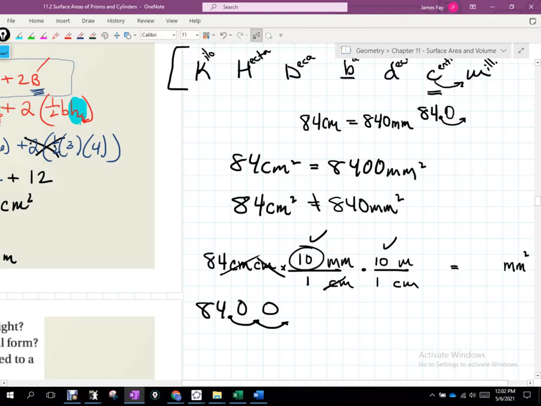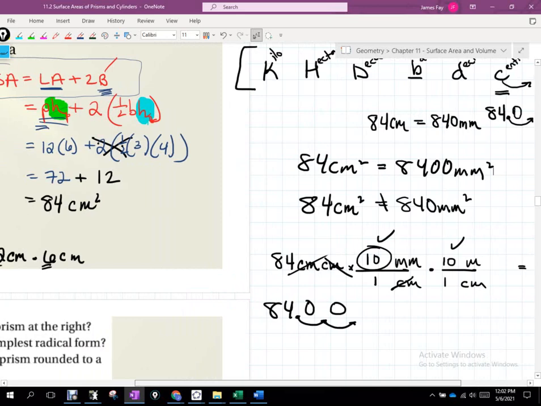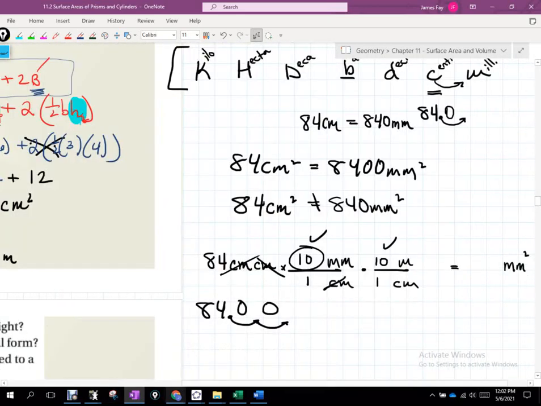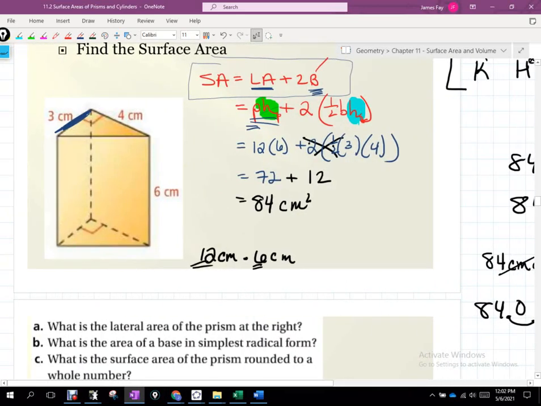Okay. Now, think about this. The reason you do this: if you wanted to change this into millimeters, how would you do it, because that's now first degree, correct? You would move your decimal place 1 spot, and that gives me 120 millimeters.